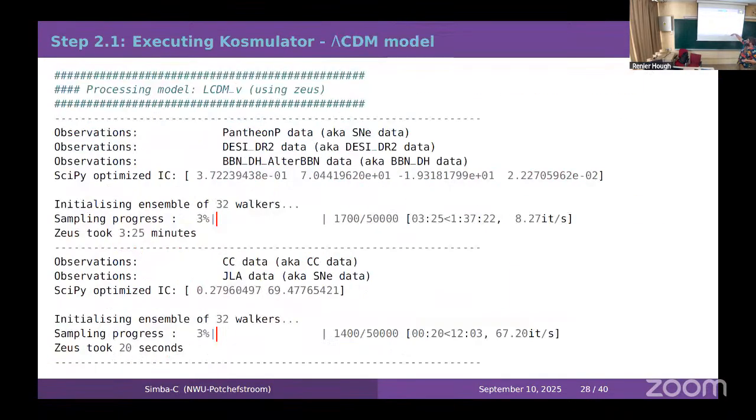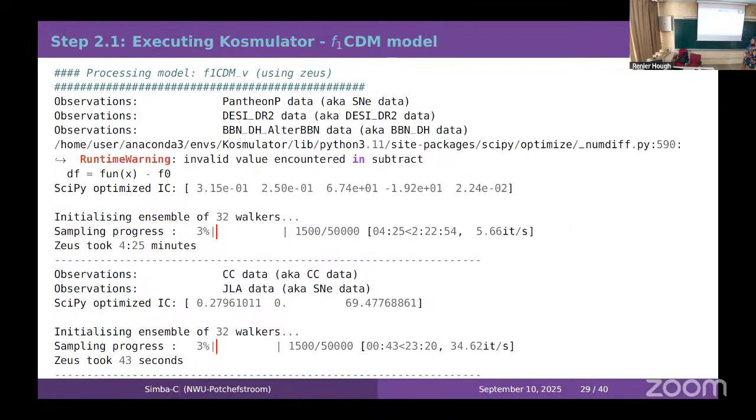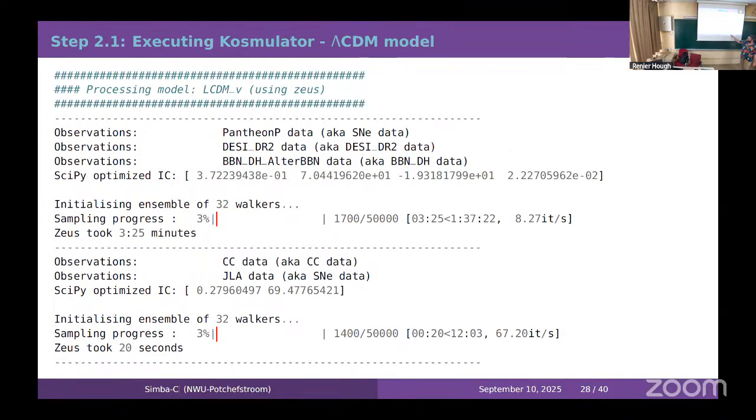Okay, after that, it then runs and you get an initial condition. Look at it, it's a couple of minutes on a quite big data set. And that's for lambda CDM.